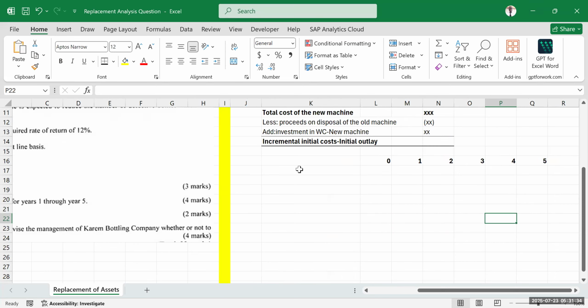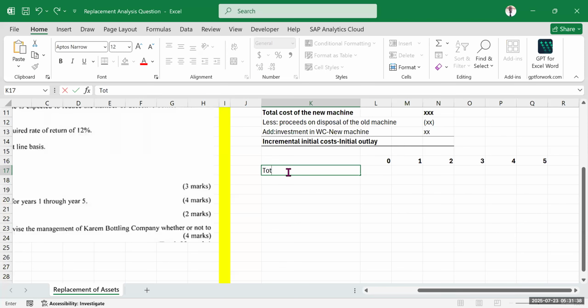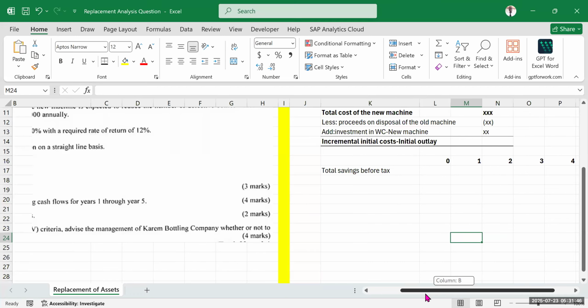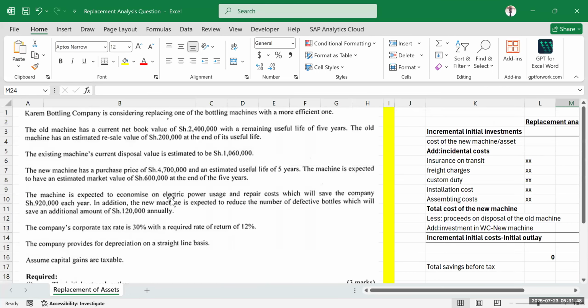And with that question, we start straight away by asking ourselves, what is the total savings before tax? Remember, I'm saying before tax. Why? Because when you look at this information given, the machine is expected to economize on electric power usage and repair costs, which will save the company 920,000 shillings each year.